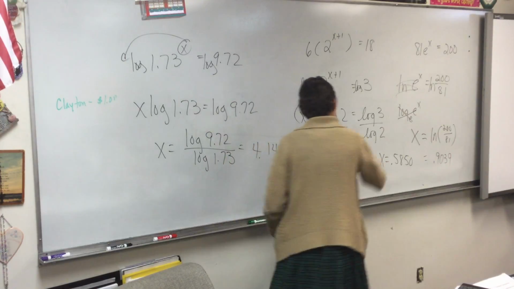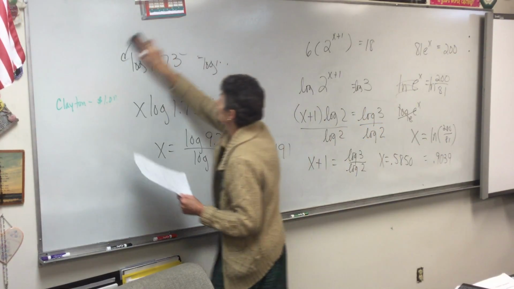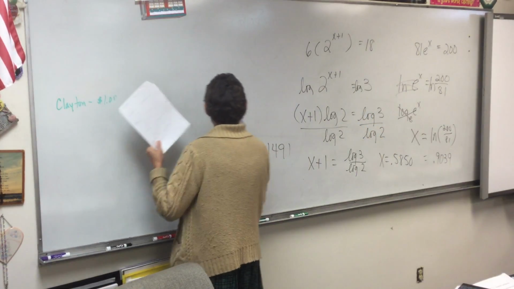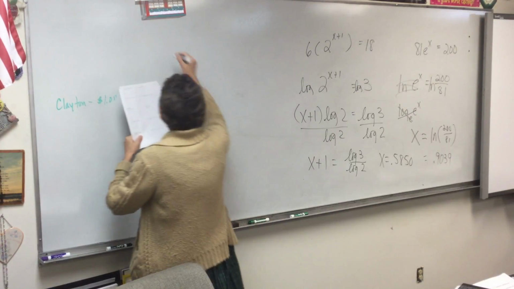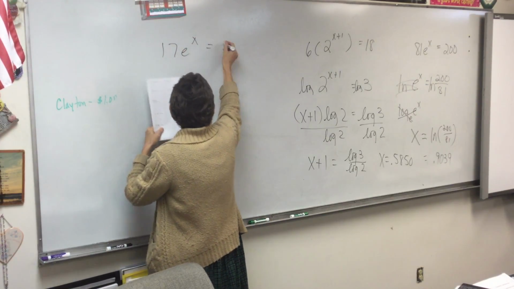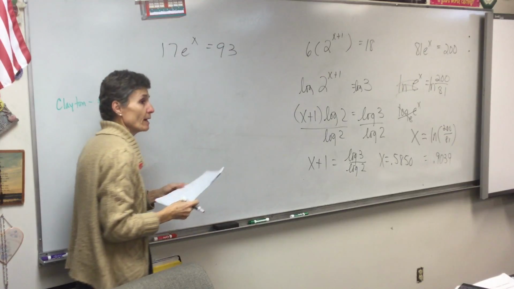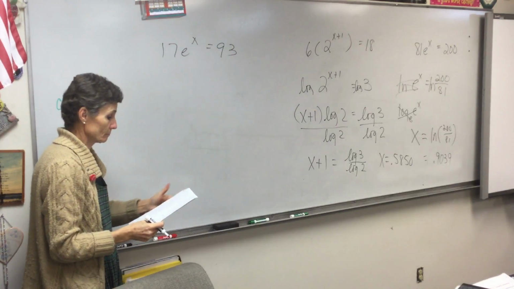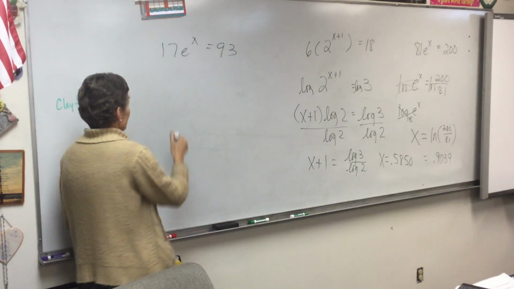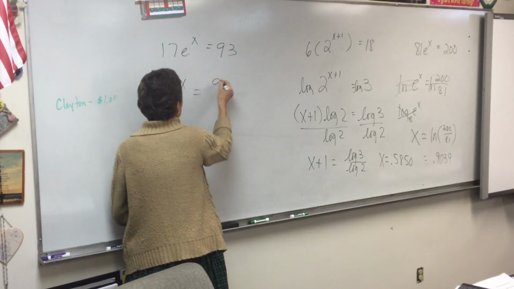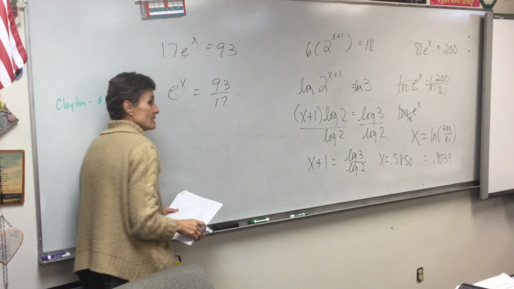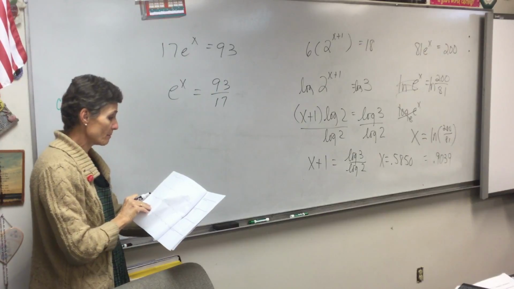All right, let's try the next one. The ones with these are really easy, because as long as you're using ln, stuff cancels. All right, step one, here we go. We're going to divide by 17, so e to the x equals 93/17. I am not alarmed by that number.